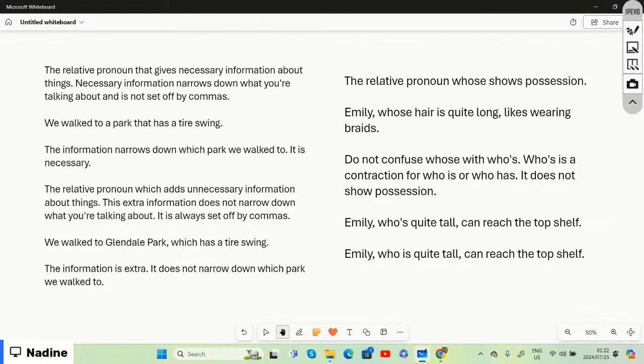So we say that we know how to, for example, choose between who and whom.